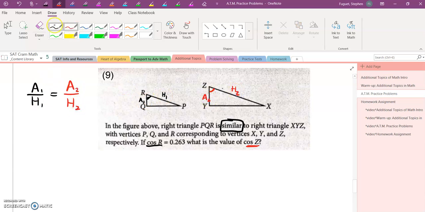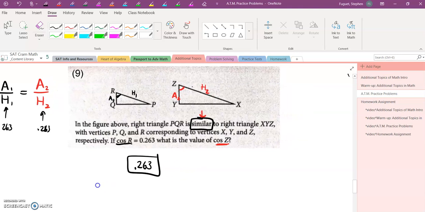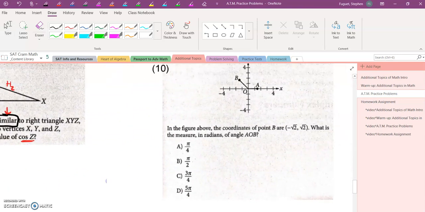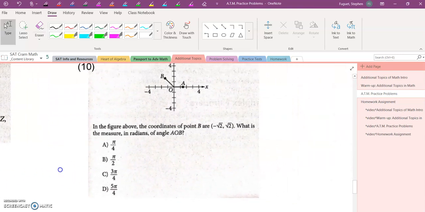What we know is that because the triangles are similar to each other, their ratios are equal. We know this is 0.263. That means this has to be 0.263. So cosine of z is also going to be 0.263 in this question. Again, using similarity, same ratios. That's the key word here. A few more questions to wrap up.